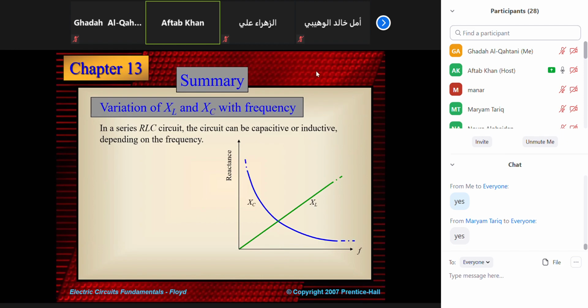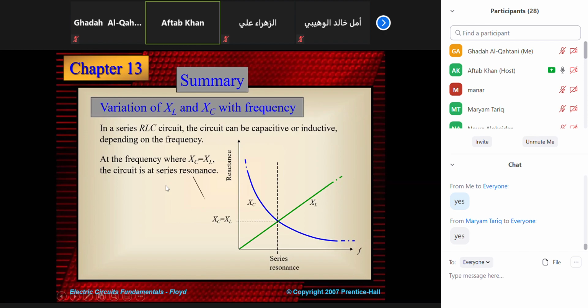Okay, let's see now this one. At a frequency where XC is equal to XL, the circuit is at series resonance, and here they are equal. See this one.